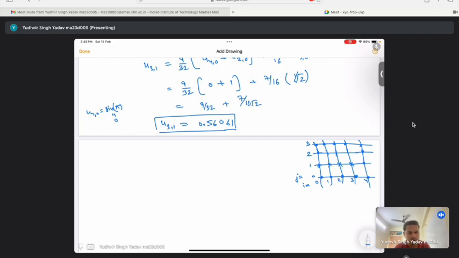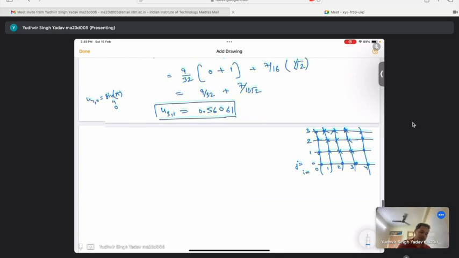Now we have to proceed in a similar way in order to find the solution at the second time level, which are these, and particularly we will find the solution for these points. So for the next step, we will just put j equals to 1 in order to find the solution at the second time level in equation 2.